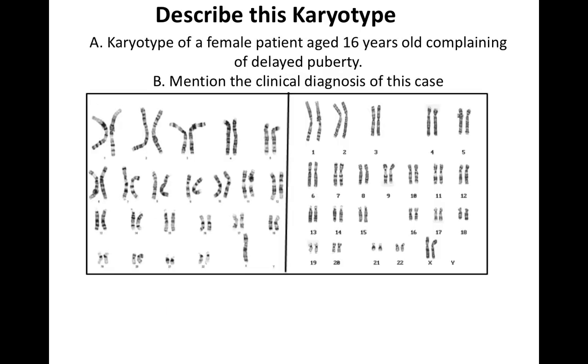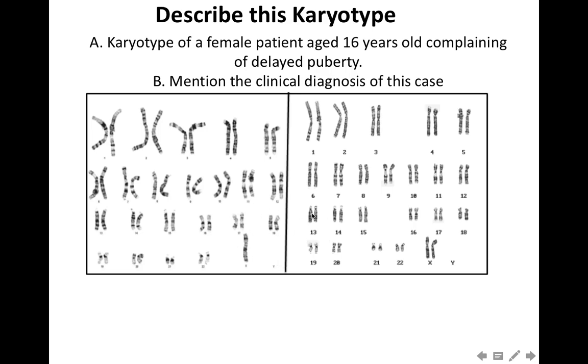Now describe this karyotype. This is a karyotype of a female patient aged 16 years old complaining of delayed puberty. So you have 2 pictures of karyotypes, which means that this case is a mosaic, because she has mixoploidy.